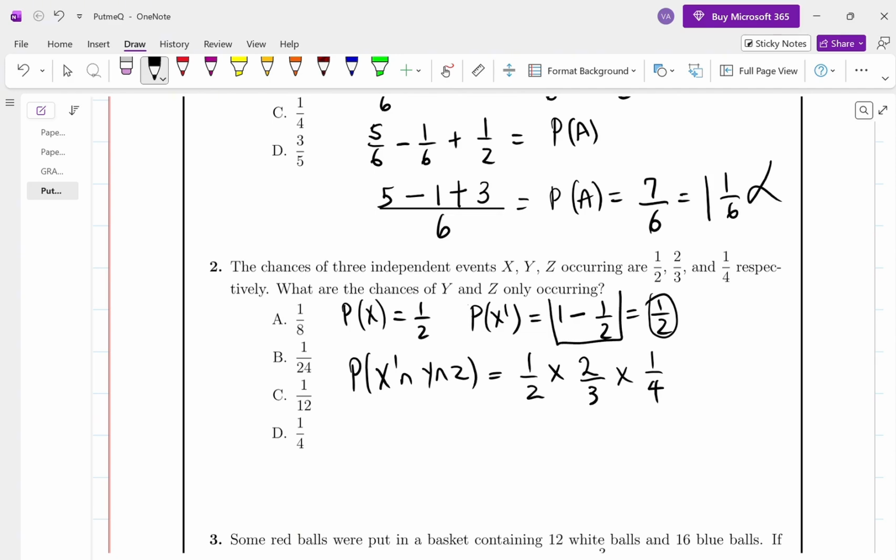It's only a coincidence that this time we're getting the same answer, because 1 minus 1/2 is still 1/2. So the 2 cancels out the 2 here, and when we multiply, 1/3 times 1/4 is 1/12. So the answer is C. Next one.